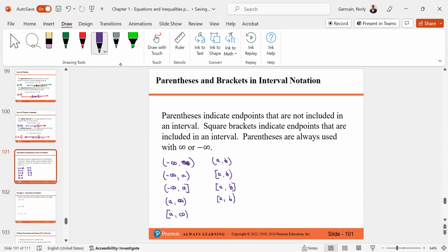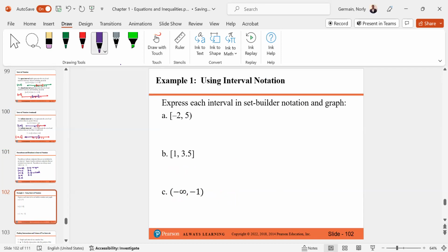The first one we would call an open interval, this is the whole open interval. Then the closed interval, that's open, that's closed. And the other ones, as you can see, are closed on one side and open on the other side.